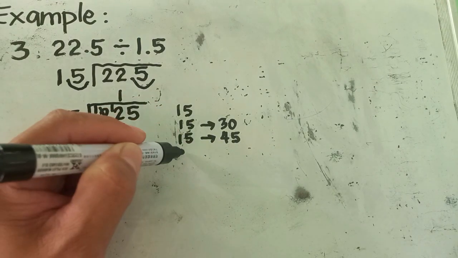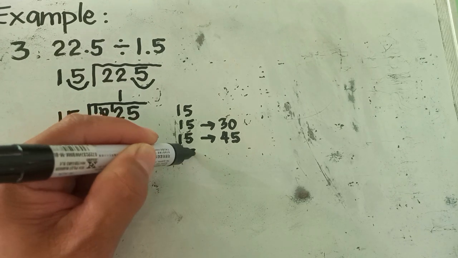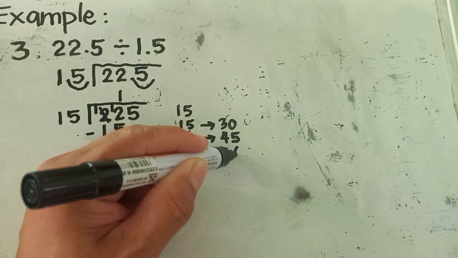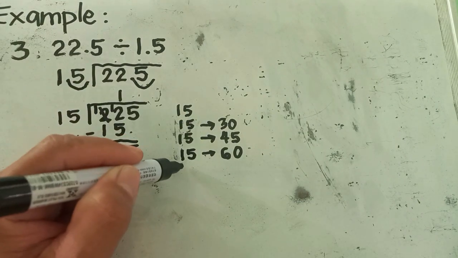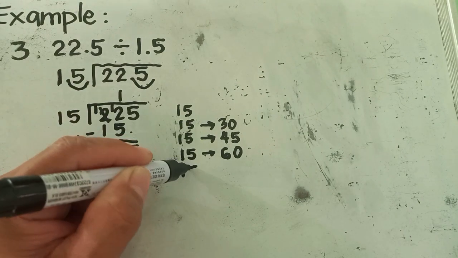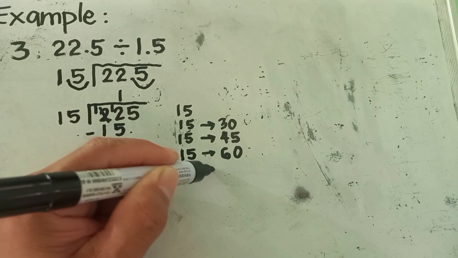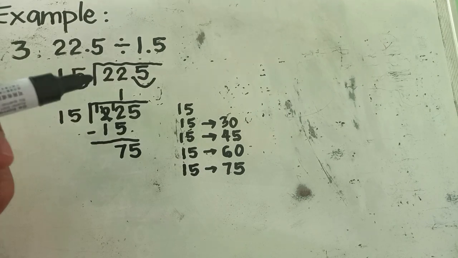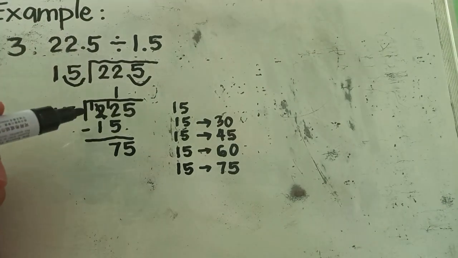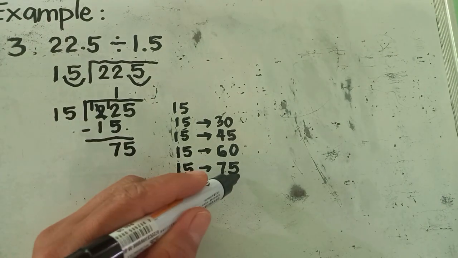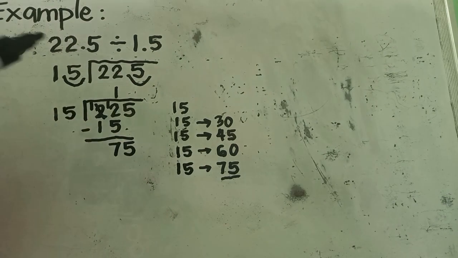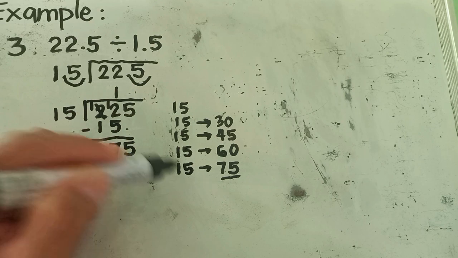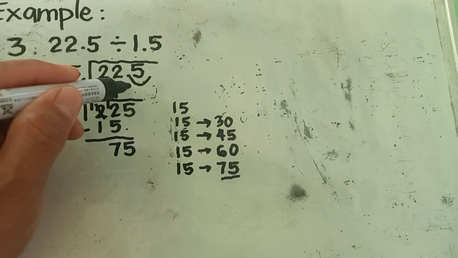Then 45 added to 15 is equal to 60. So 60 added to 15 is equal to 75. Now, alam na natin ngayon kung ilang 15 ba sa 75. So, bilangin natin: 1, 2, 3, 4, 5. So, our answer here is 5.